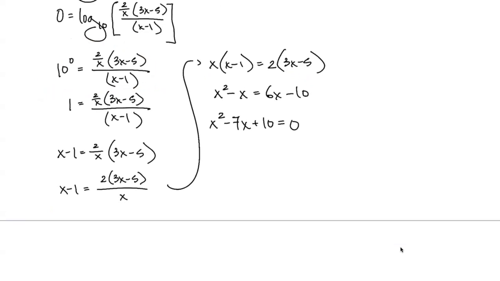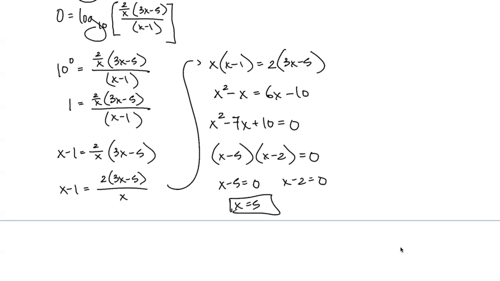And whatever method we choose to factor, zero product property, solution 1, solution 2.